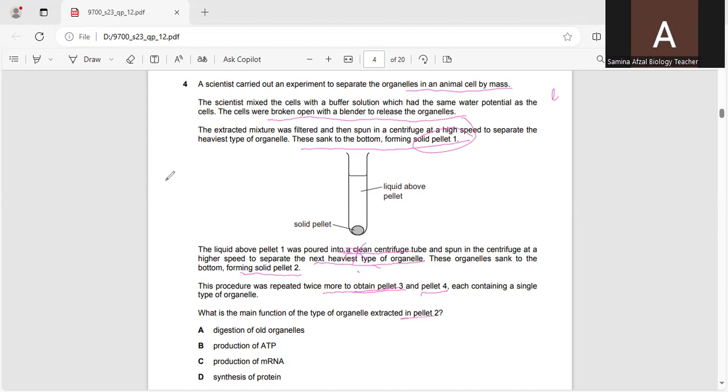Digestion of all, lysosomes; production of ATP, mitochondria; production of messenger RNA, nucleus; and synthesis of protein, ribosomes.